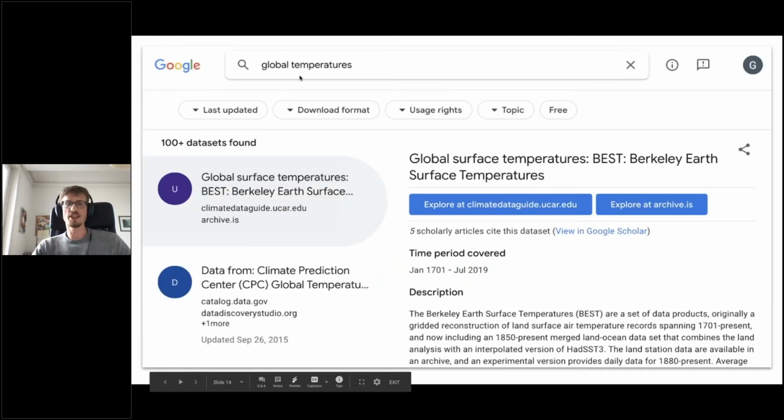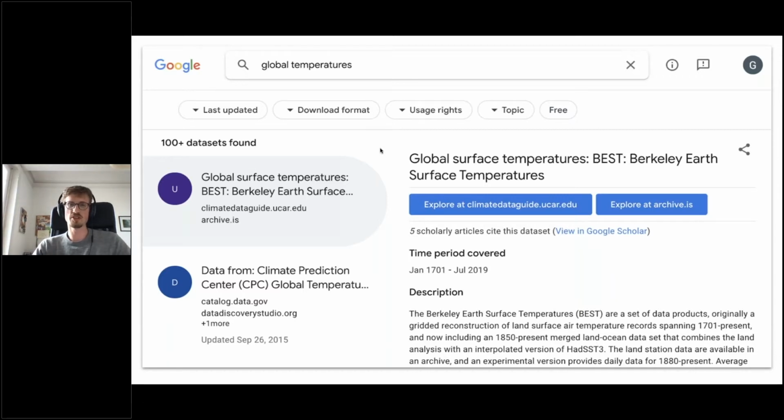So here I typed some random keywords suggested by the tool, and we can see that directly I have a list of very relevant datasets, whereas if I had typed similar queries on Google, it would probably be hidden among other search results.